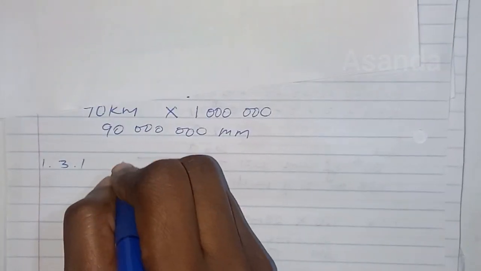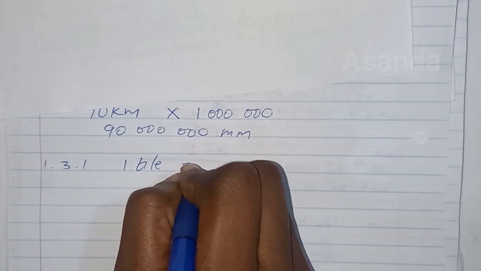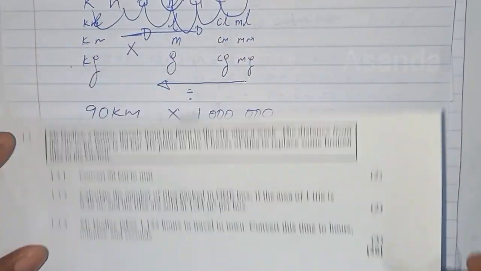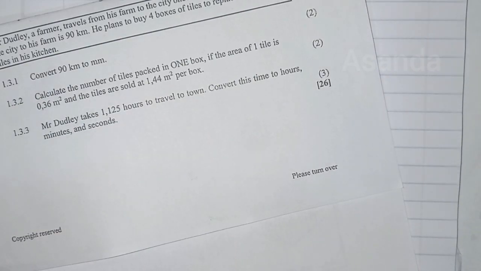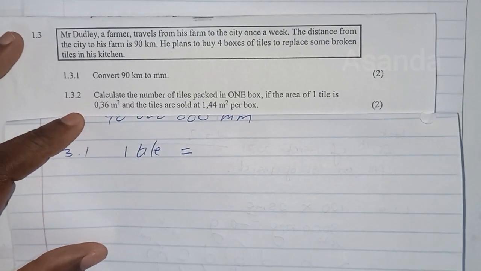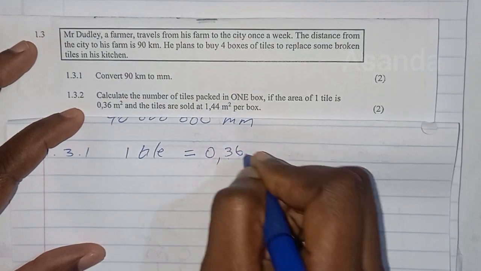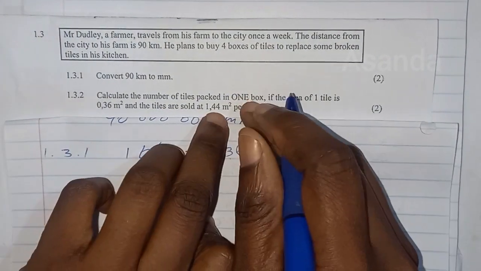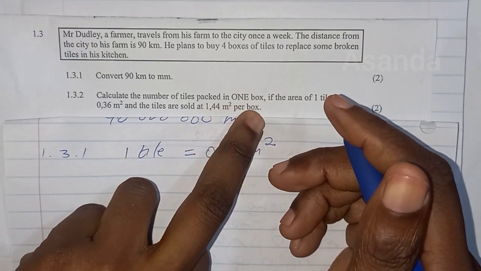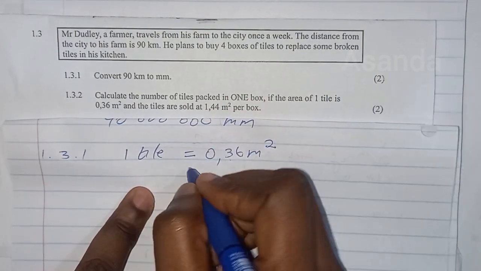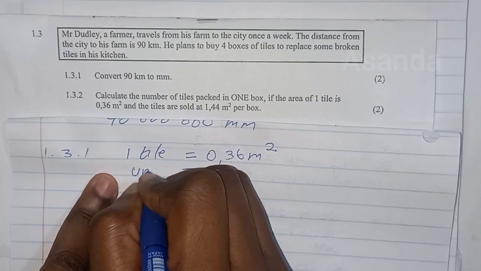One tile is equal to 0.36 meters squared, and now they're saying 1.44 meters squared in a box. How many tiles is that? No problem. We don't know how many tiles that is.